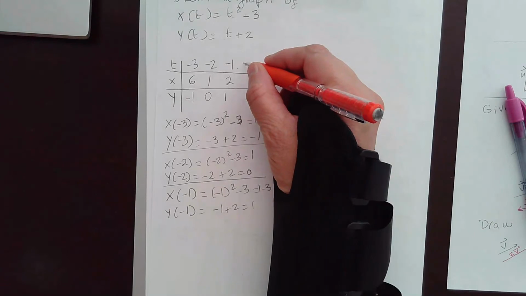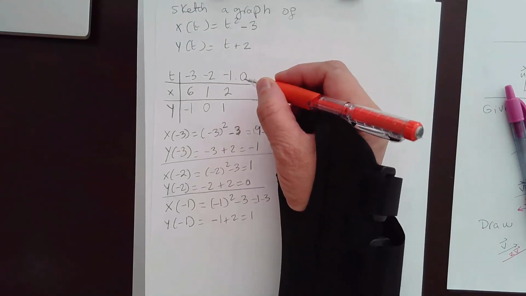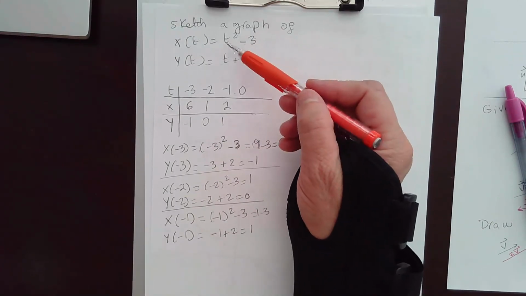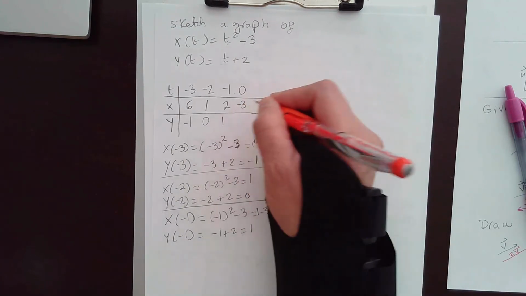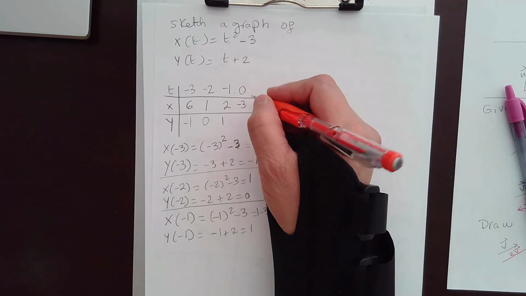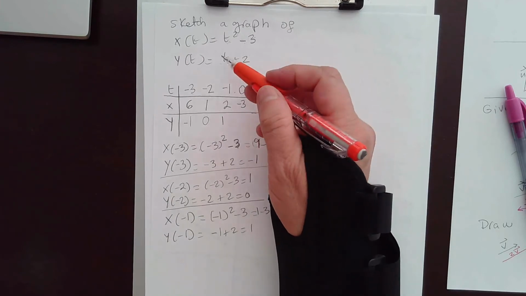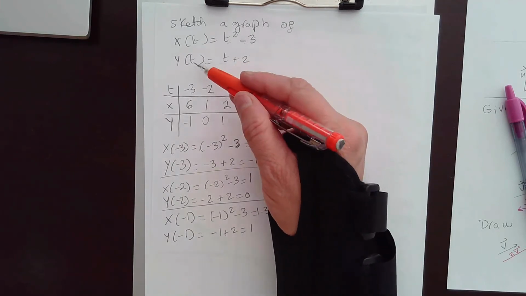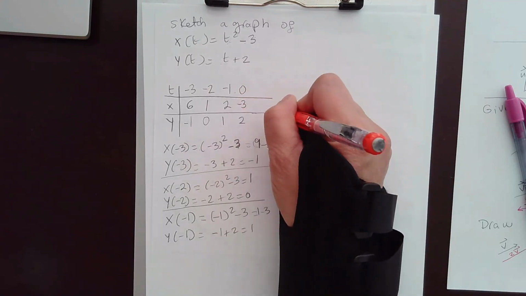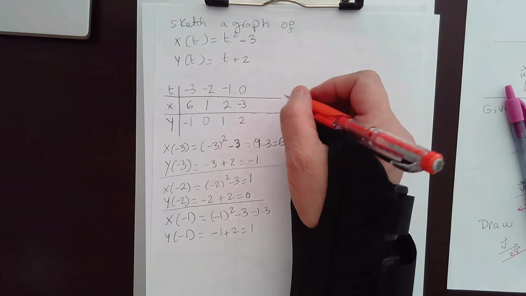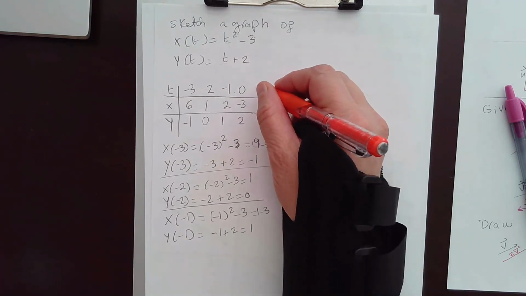Okay, let's select 0. Are you guys okay with 0? If we do it directly, 0 squared is 0. 0 minus 3 is negative 3, and that will be x. For y, when t is 0, 0 plus 2 is simply 2. Okay? Let's select another point, t equals 1.